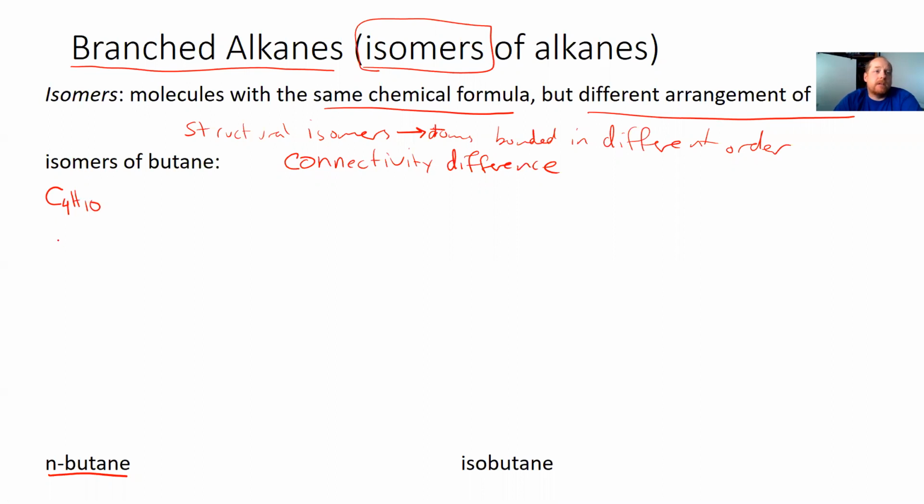C4H10. The structural formula, or the Lewis structure, has 4 carbon atoms all bonded to each other, and those 10 hydrogens are bonded to all of the carbons.